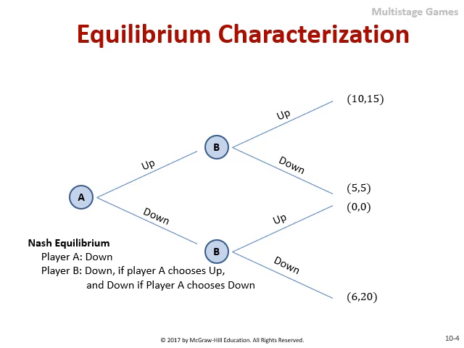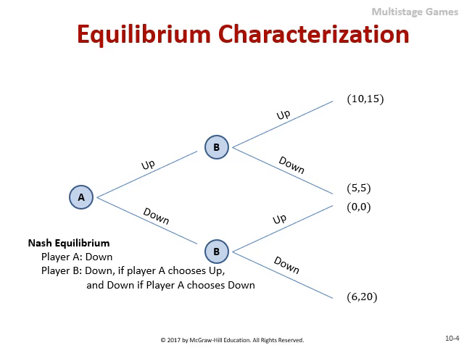That's why the Nash equilibrium is written as player A down and player B down if A chooses up and down if A chooses down. So this is the Nash equilibrium here. We have checked the Nash equilibrium for player A.